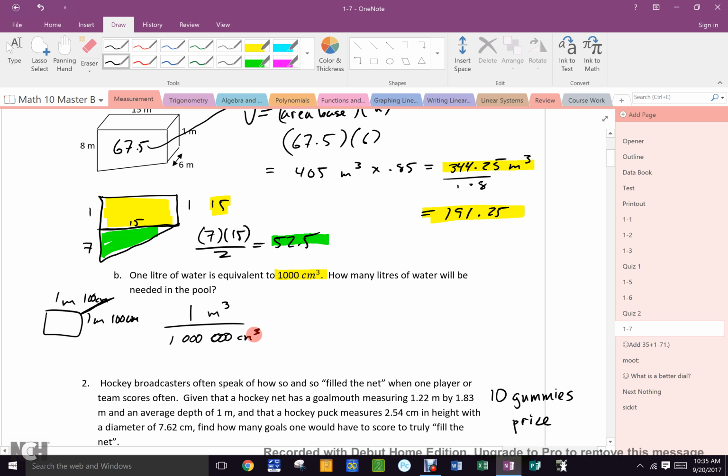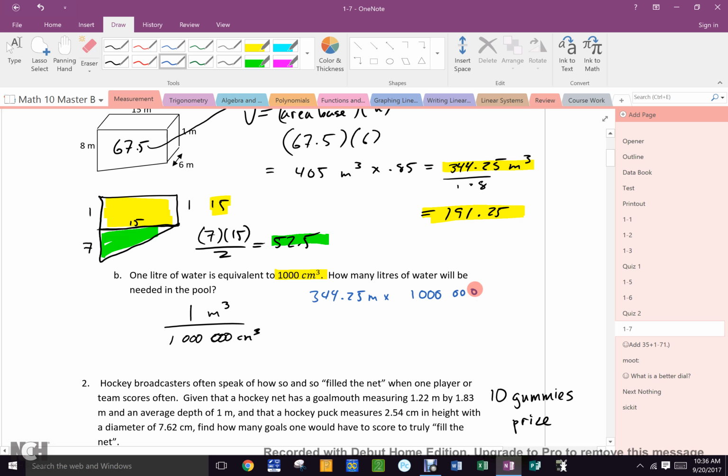So I have 344.25 meters, and I want centimeters. I need to convert it. So I have to multiply it by how much? 1 million.